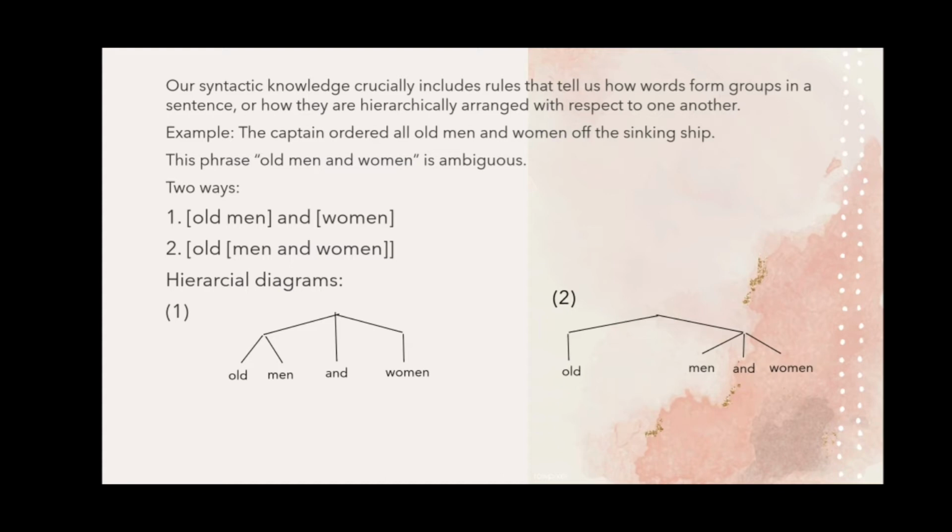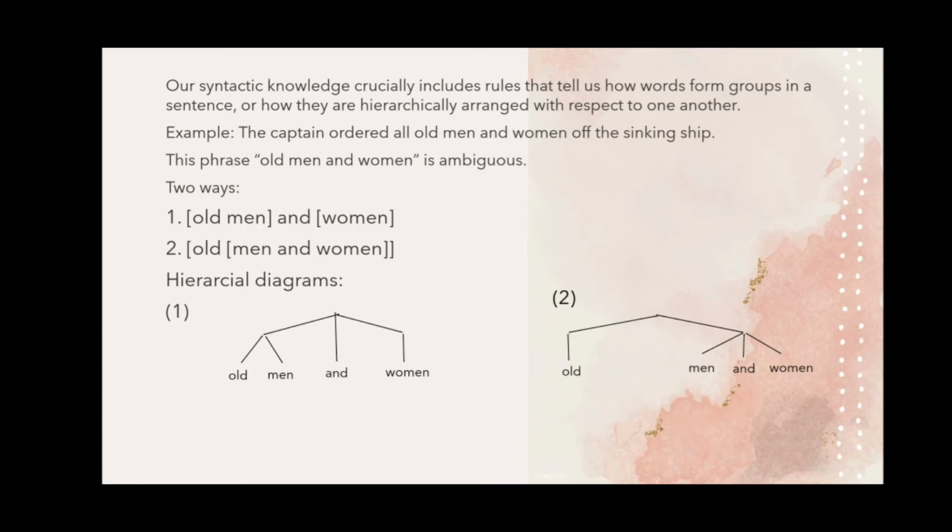For example, the captain ordered all old men and women of the sinking ship. This phrase, old man and woman, is ambiguous because referring either to old man and to woman of any age or to old man and old woman. The ambiguity arises because the words old man and woman can be grouped in two ways. You can see for the first way, old modifies only men, and so the woman can be any age.